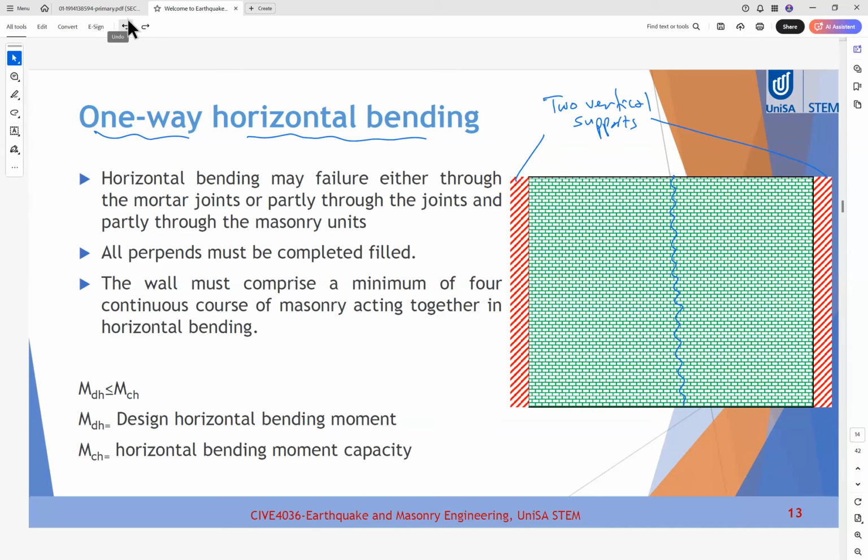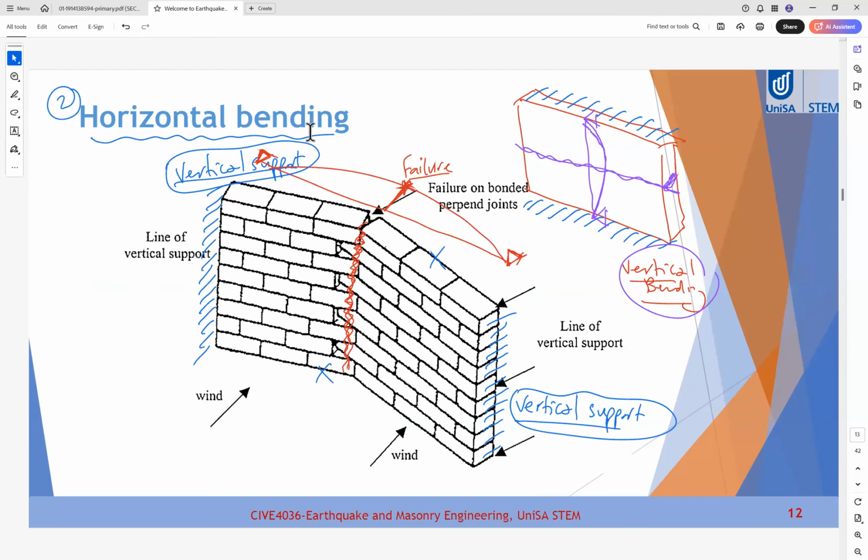The horizontal bending may fail either through the mortar joints, or partly through the joints and partly through the masonry unit. So if you look at the previous one, the failure can happen in the mortar or in the brick unit itself. It can happen in the horizontal joints or vertical joints, or the bricks.